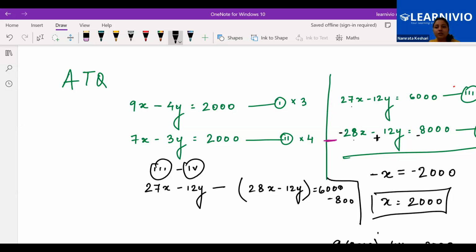What are you getting as a y value? 4000. Okay, fine. Yeah, Arya, have you got that?